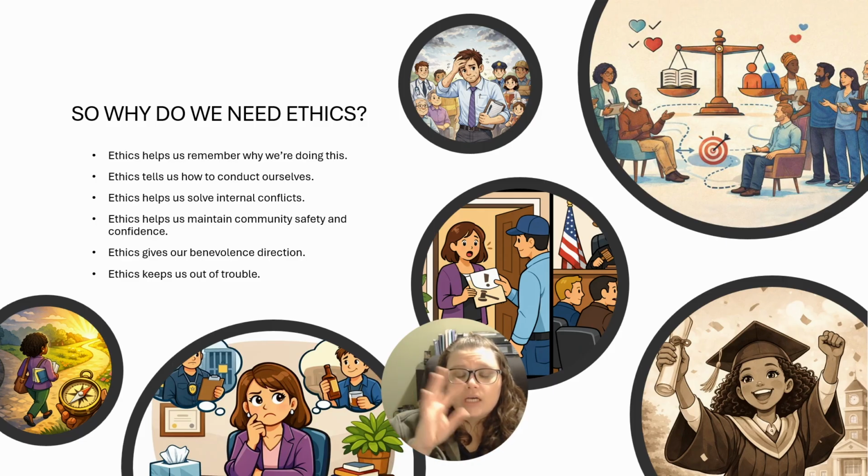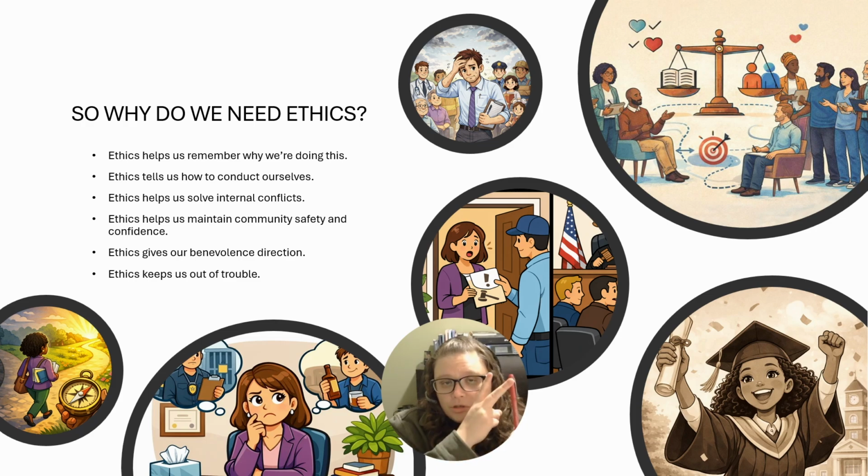It helps us solve internal conflicts. So here's who I want to help, here's how I want to help them, how I want to conduct myself while I help them. And if there is a question, here's something I can turn to to get an idea of what the right move is. I don't want to read all six of these at you. That's so incredibly lame. But it's about community safety.